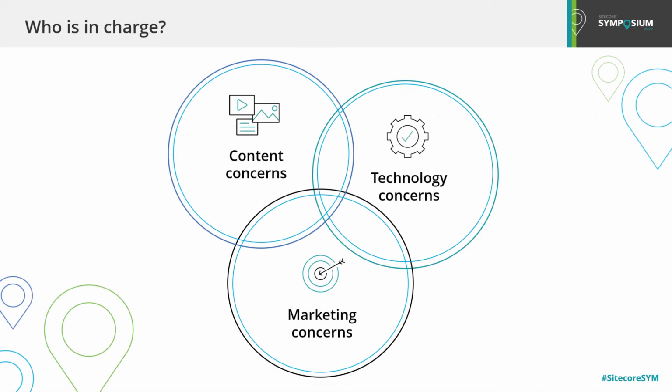So who would be in charge of this new area of specialization? Whoever that person is, that person needs to have content expertise. Now, we do have content producers who are experts in their area of content production. However, they lack the other two knowledge areas, technology and marketing.